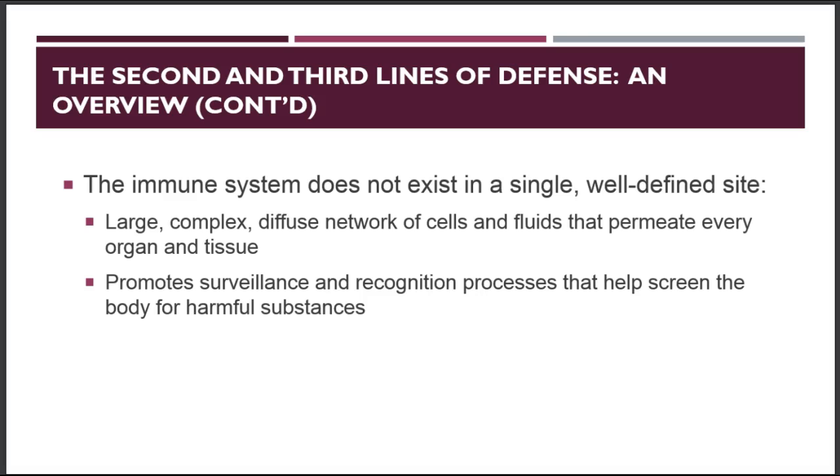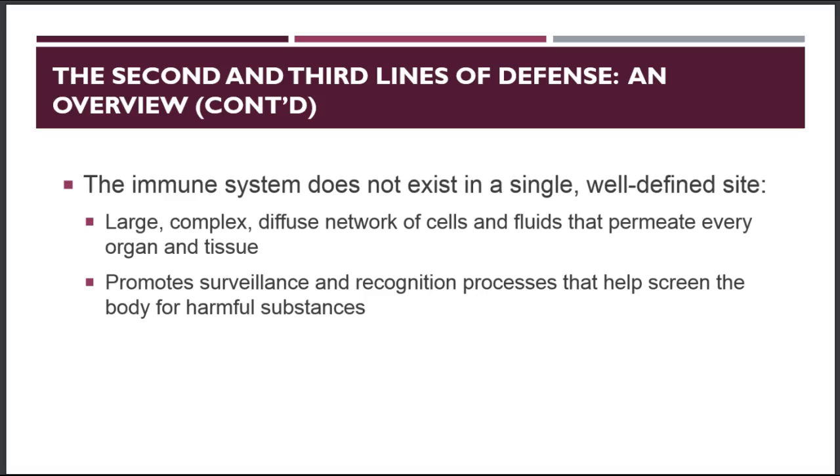The immune system is very fluid. It doesn't exist as a single structure or in a single location. It includes a large, complex, diffuse network of cells and fluids that permeate every organ and every tissue. And the structure of the immune system really helps to promote the surveillance of the entire body.